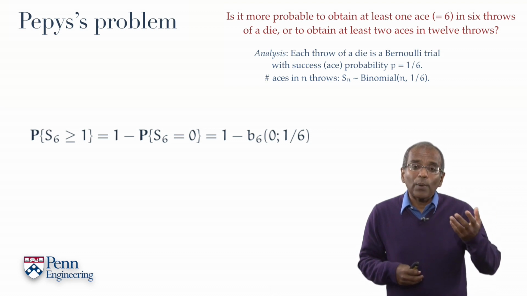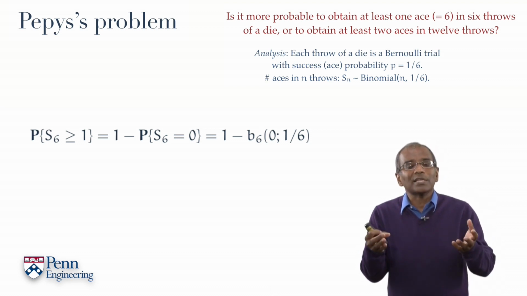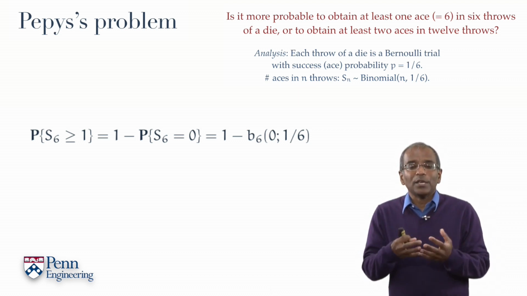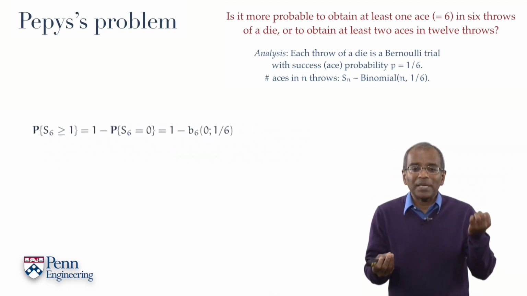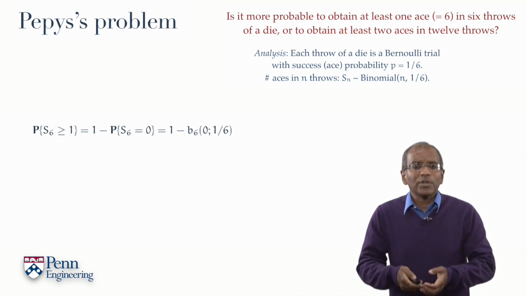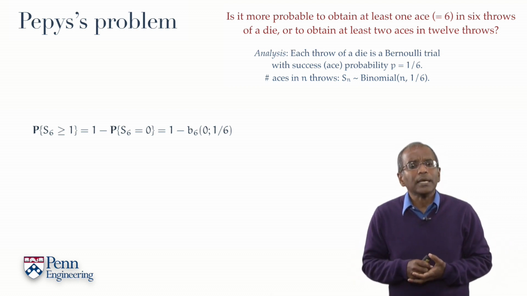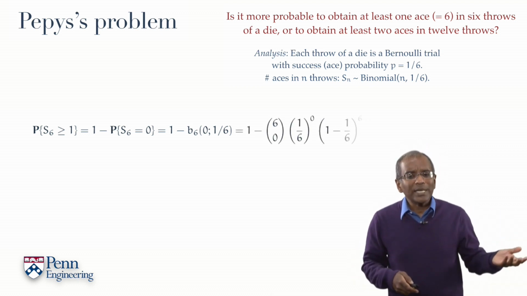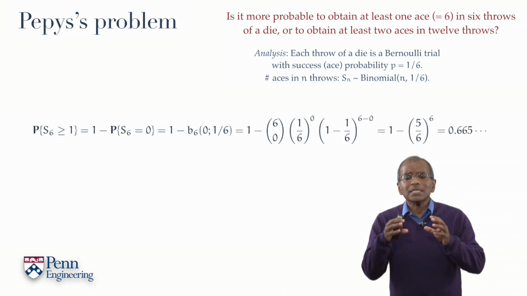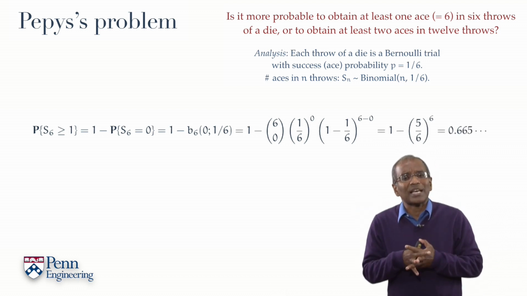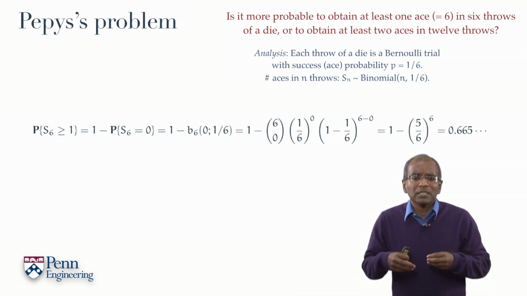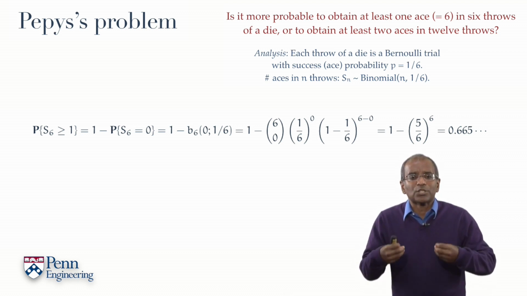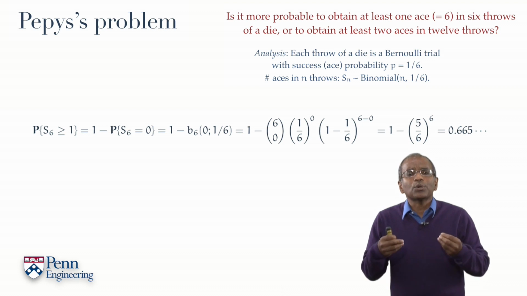The probability of getting no aces in 6 throws is our old friend, the binomial probability, b of 0, with parameters n equal to 6 and p equal to 1/6. We simply write down the binomial probability, evaluate it, and we find it's approximately 67%. It's quite likely. The chance of getting at least one 6 in 6 throws of a die is about 2 in 3.